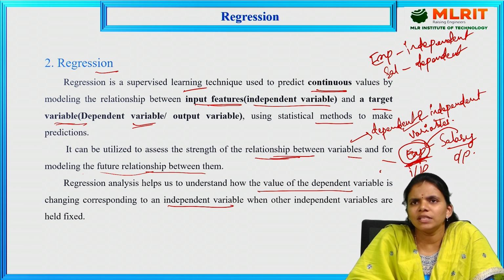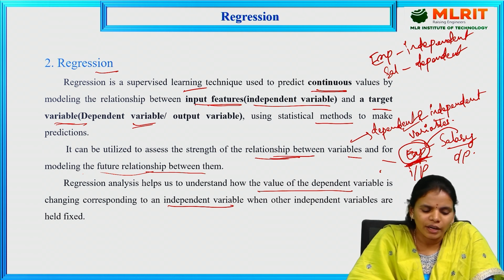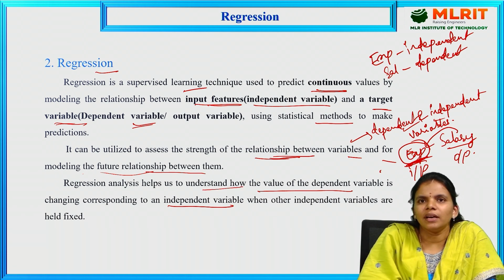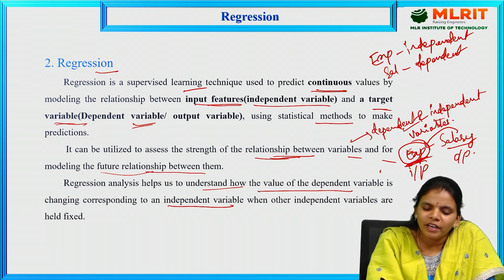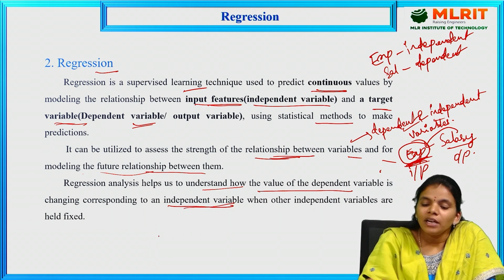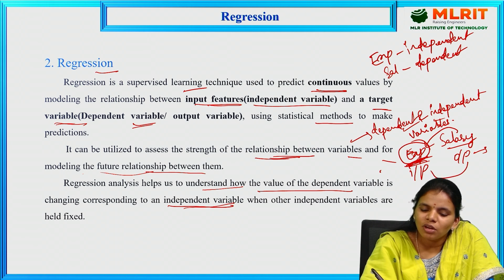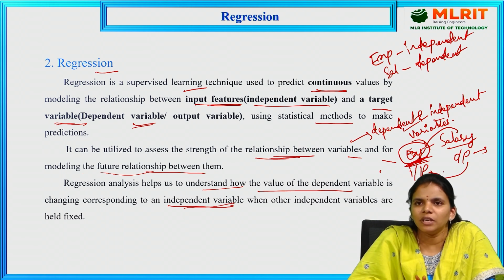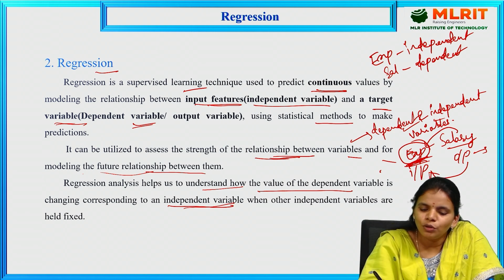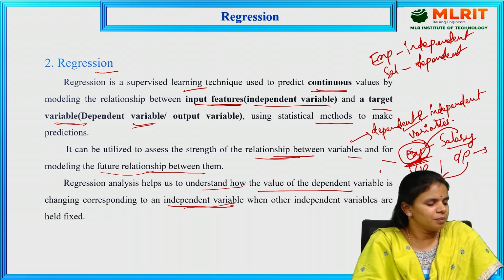I'm using this type of data set to train my model. It helps us to understand how the value of the dependent variable is changing corresponding to the independent variable. So the salary is changing based on the experience of a person or an employee. This is how regression analysis works to predict the output for the unseen data for these types of problems.